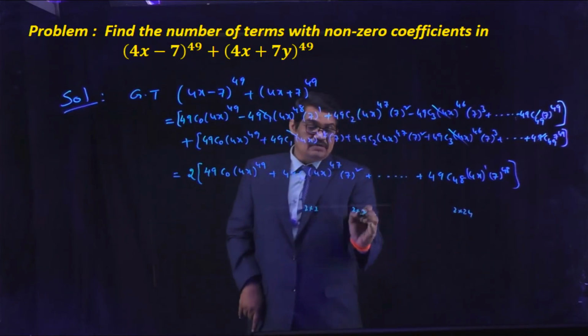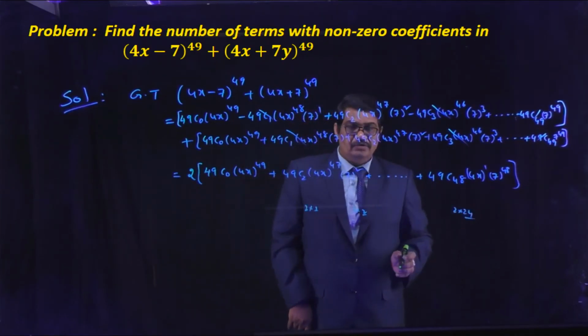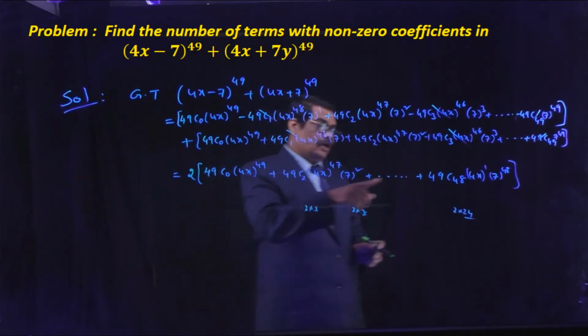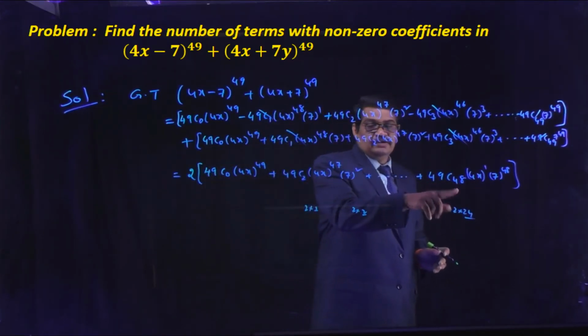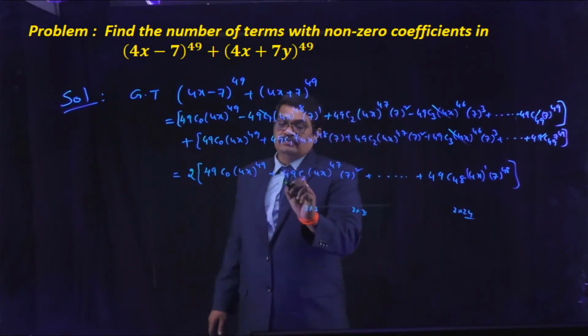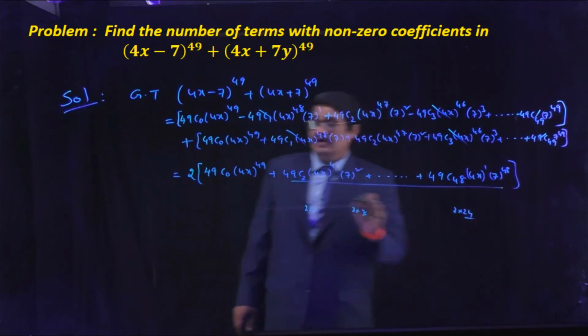So the terms are 2, 1, 2, 3, and so on, up to 24. So there are 24 terms from 49C2 to 49C48.